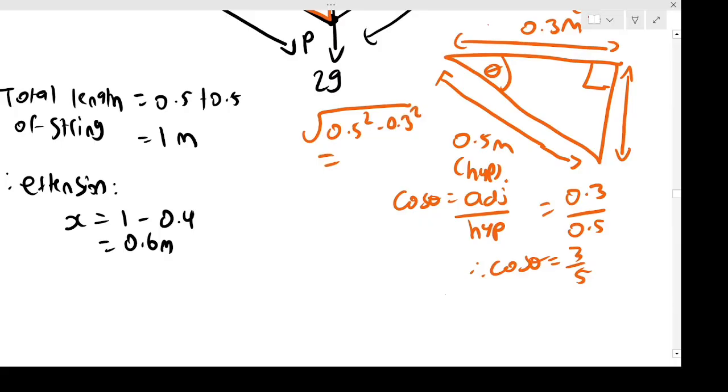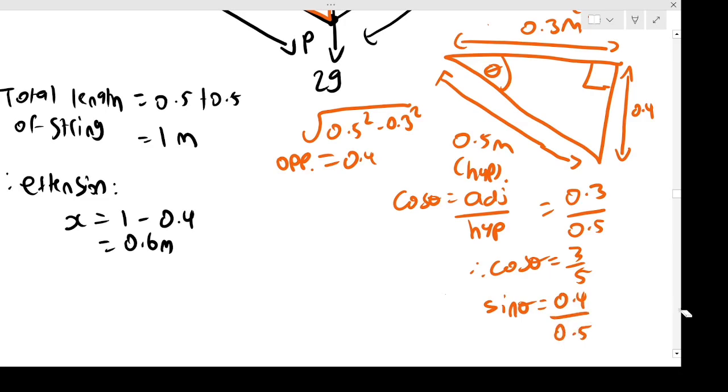That would get me my opposite, which is 0.4. Now I can work out sine theta, which is opposite 0.4 over the hypotenuse 0.5.